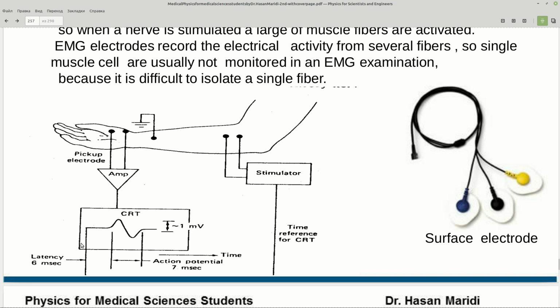LA, RL, and LL are the locations on the right and left arm and the right and left leg. This is the special location vector. It's sometimes positive and sometimes negative. The sign depends upon the direction of the electric dipole and the position of the electrode.